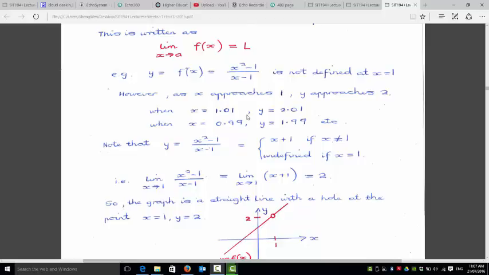Because x approaches 1 means x will not be 1 forever, we can cancel x minus 1 from the denominator as well as the numerator. Then we can get a piecewise function: when x is not equal to 1, we have f(x) is equal to x plus 1, and when x is equal to 1, the function is undefined.